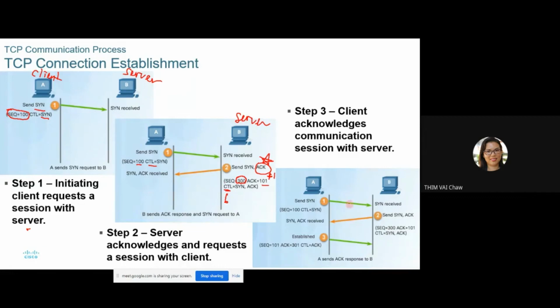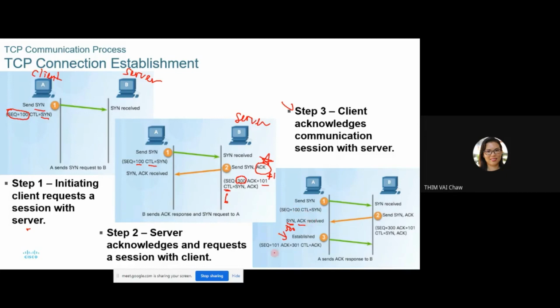In the third step, the client receives the sequence number 300, and he also receives the acknowledgement indicating that you have received my previous sequence number and agree to establish the connection with me.